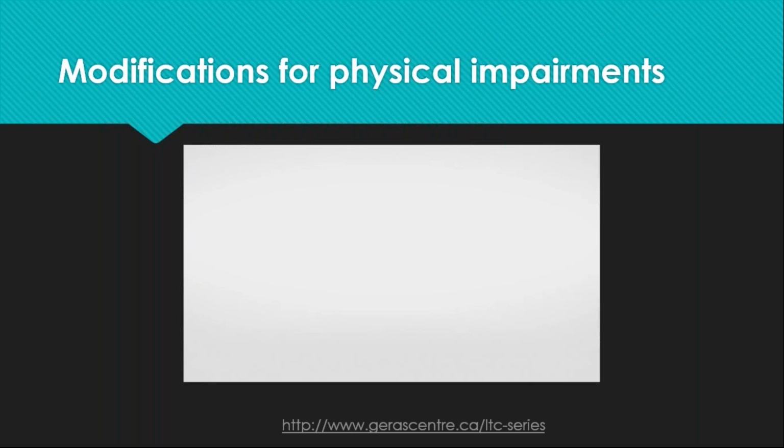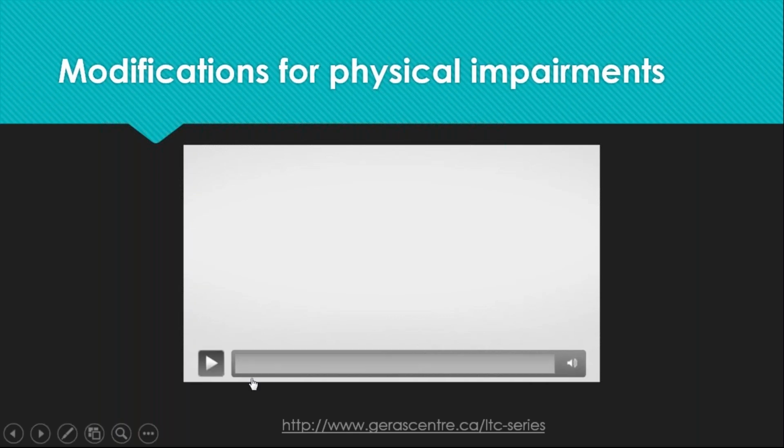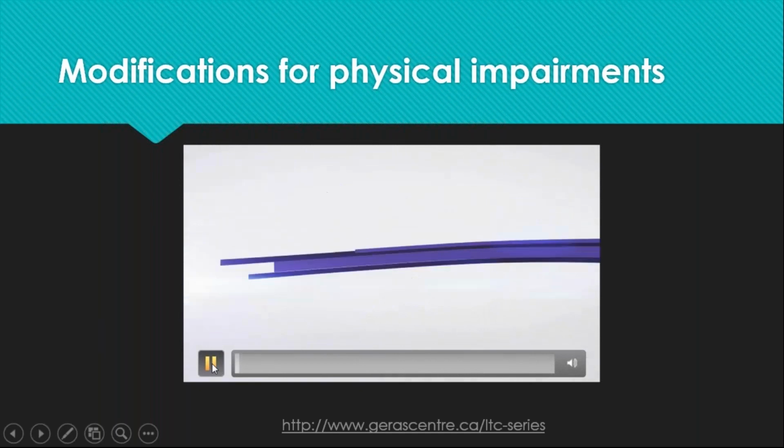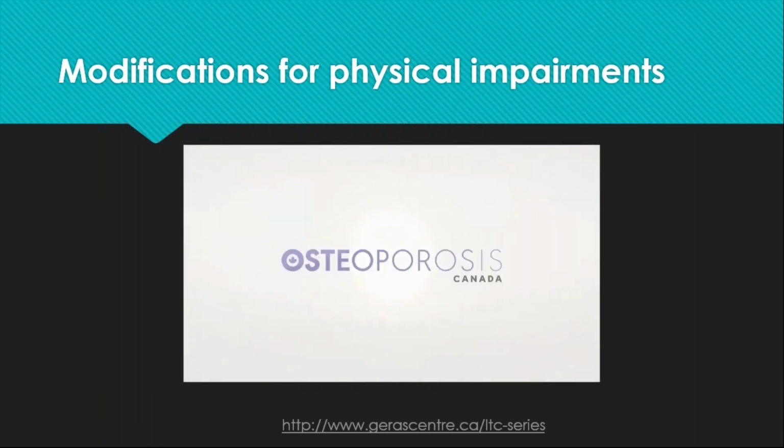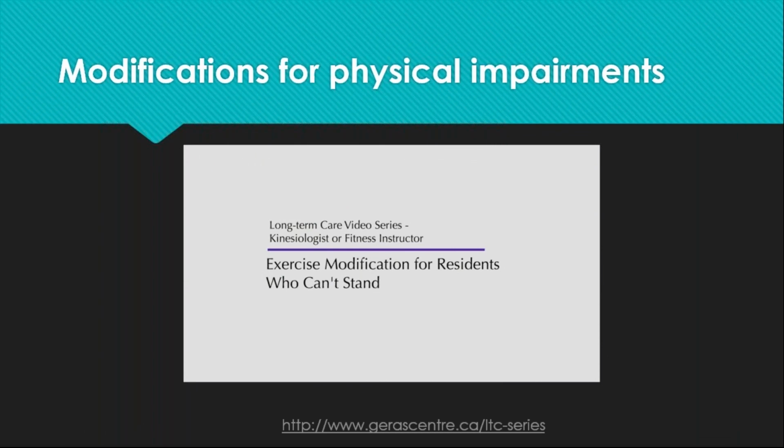And this one focuses on some modifications you can make for physical impairments, especially if someone can't stand. So I know a lot of residents in long-term care are in a wheelchair, they're unable to stand and walk. So those recommendations I mentioned at the beginning were really targeted to those ones who can. And so these are some suggestions if they can't.